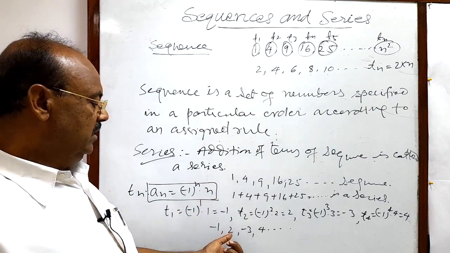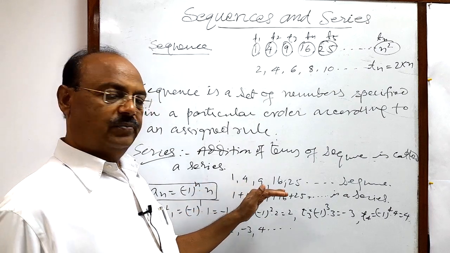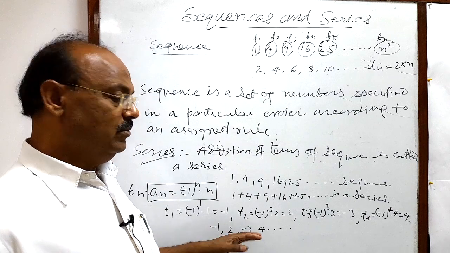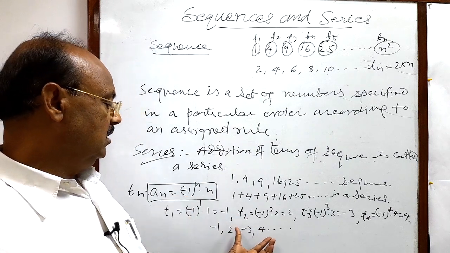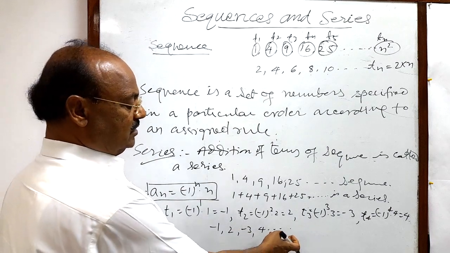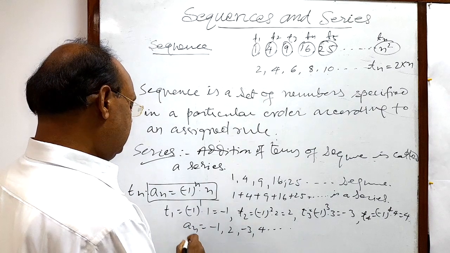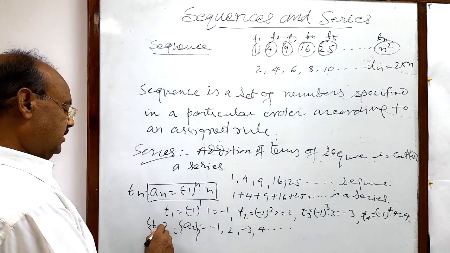So not necessarily will all the terms of a sequence always be positive or always negative; they may be positive or negative according to the assigned rule. In this case, this is an infinite sequence, and it is written with this notation.